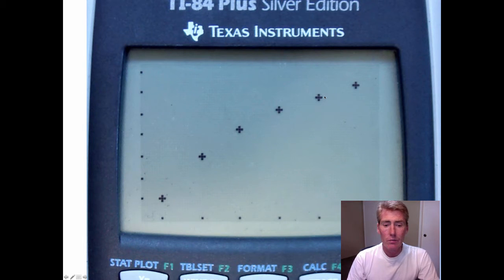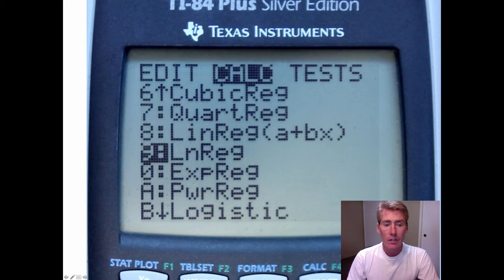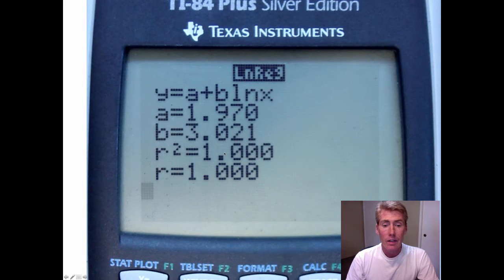So that's logarithmic. That one is the 9th one in the list. This stands for natural logarithmic regression. And you'll see that R squared is equal to 1, so it fits perfectly. So you just put the constant a in front, 1.97, the number b, 3.021, multiplied with natural log of x.